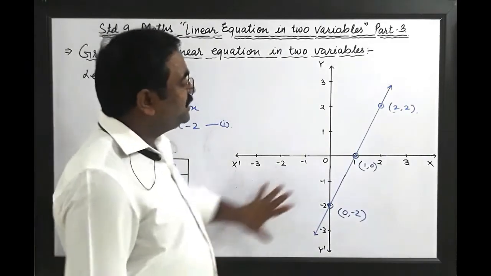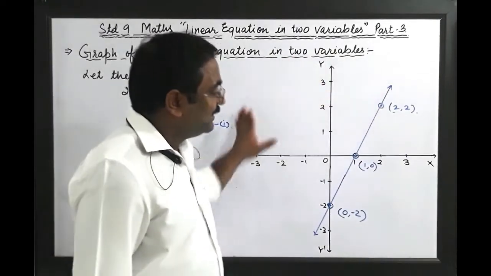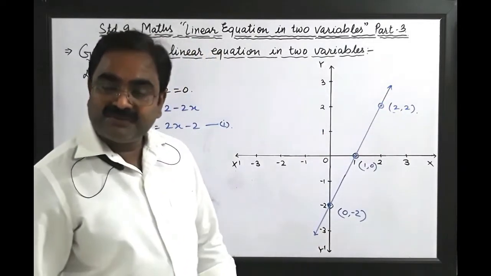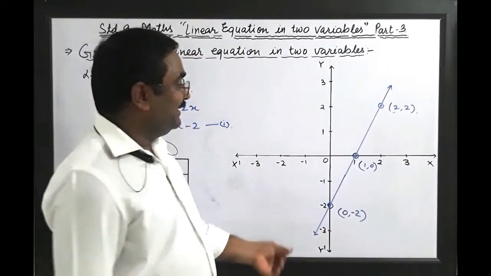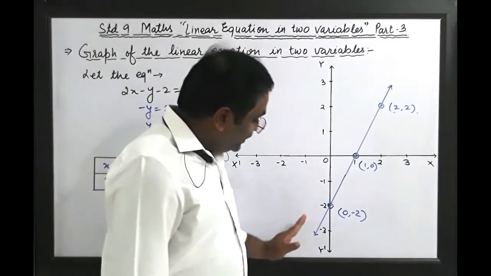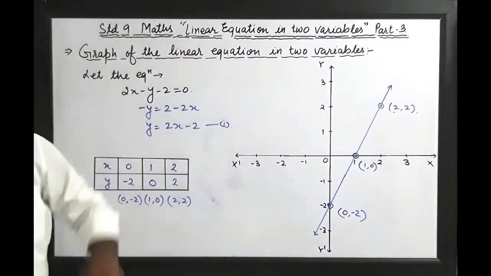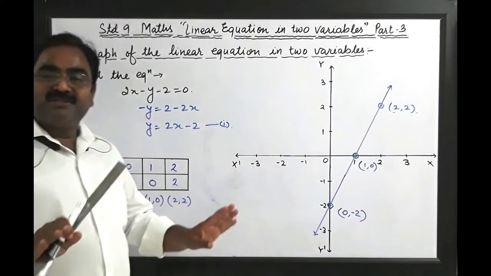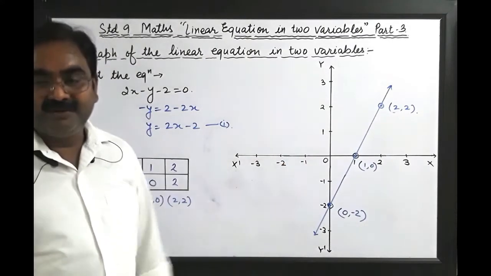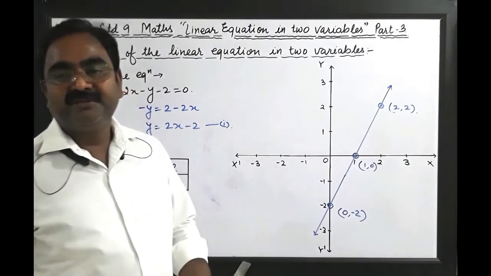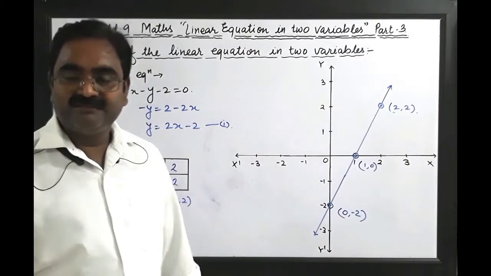After plotting these 3 points in our Cartesian system, we got a straight line, which is a linear line. That's why this equation is called a linear equation. So children, the concept of linear equation should be clear now. If you have any confusion, you can comment on our channel.